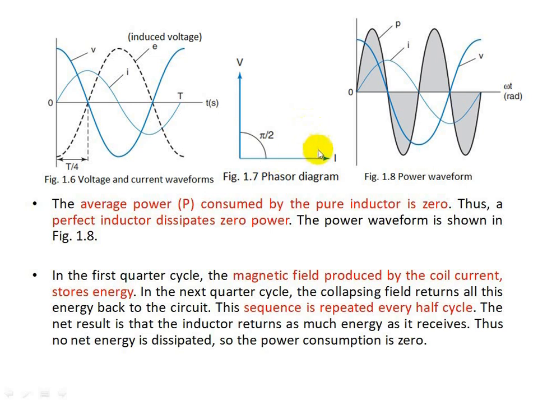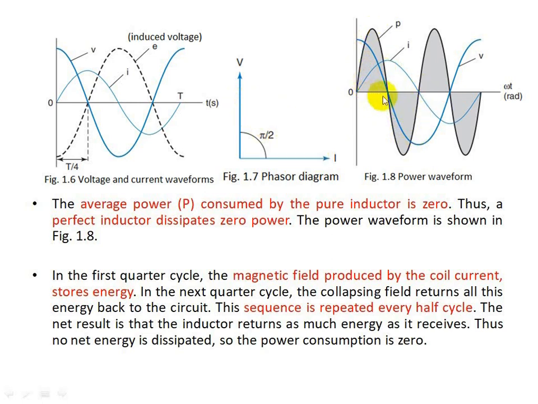In other words, I can also say that the current makes an angle of 90 degrees in the clockwise direction. In this case, I can say that the current lags the voltage by 90 degrees. So both imply the same. Coming to the power waveform, it is shown here by a dark line.